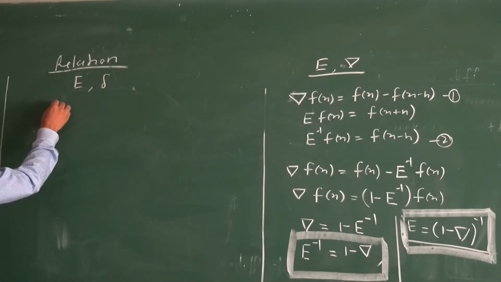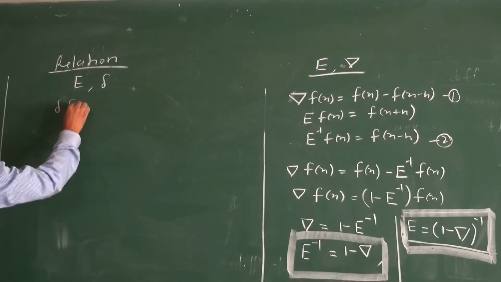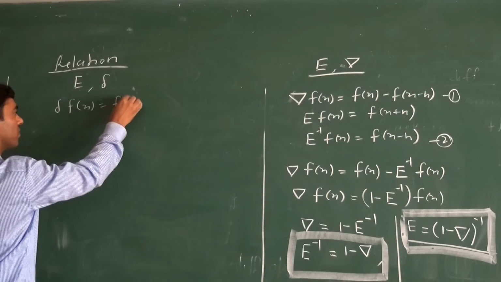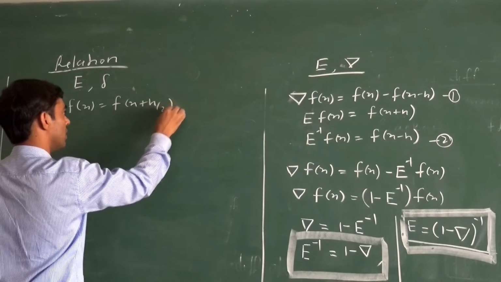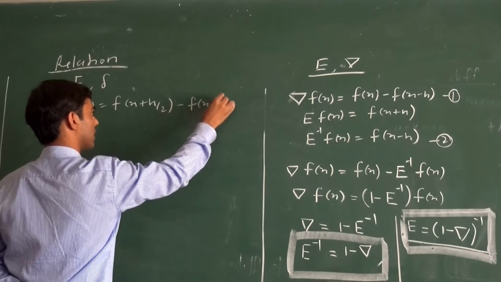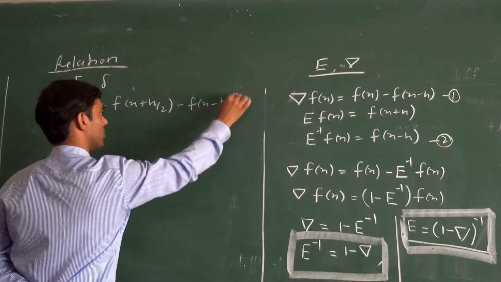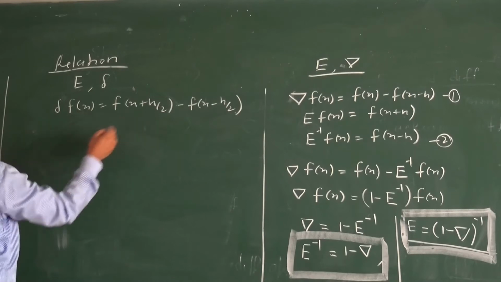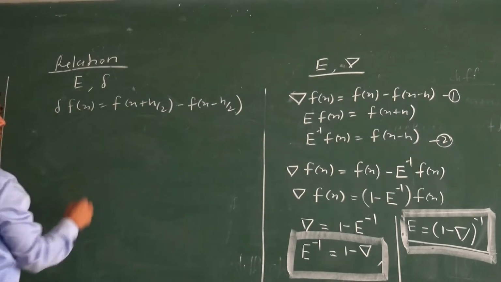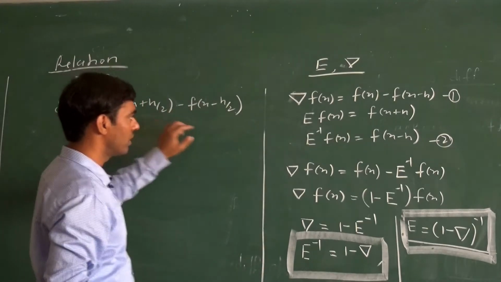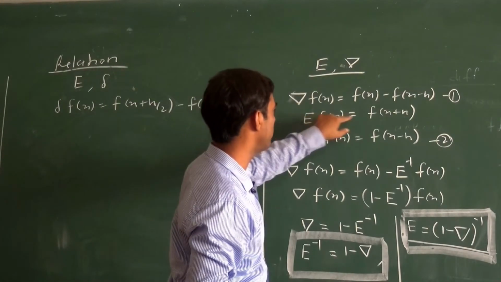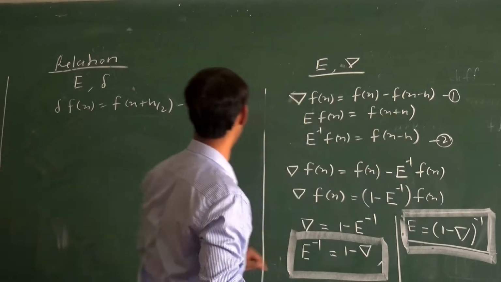By the definition of the central difference operator, δf(x) = f(x+h/2) − f(x−h/2). If we write this in terms of the shift operator, E f(x) is f(x+h), so E^(1/2) f(x) is f(x+h/2).